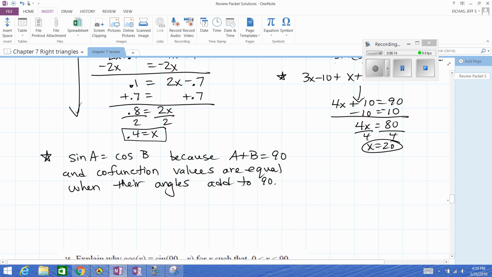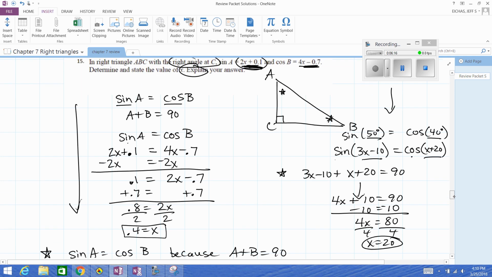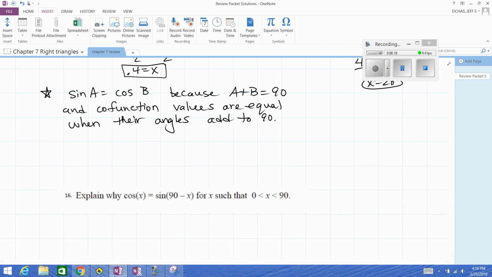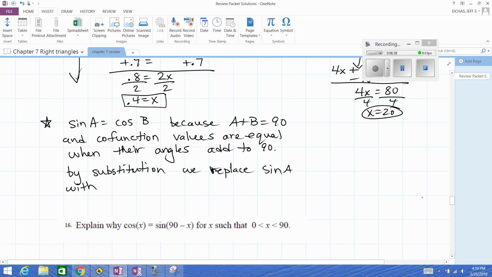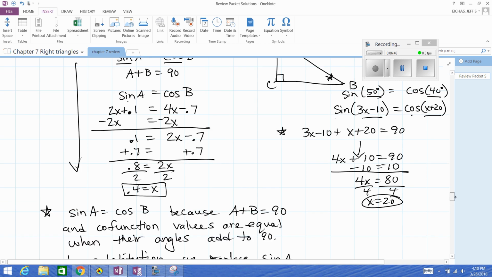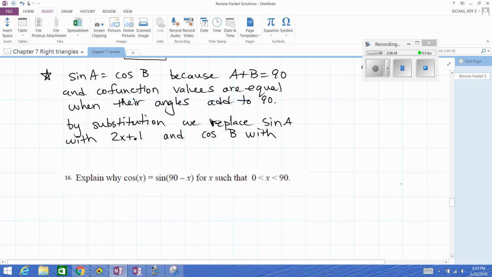Okay? And that's because of the diagram up there. All right. Next, by substitution, we replace sine A with, what was that? 2x plus 0.1, and cos B with 4x minus 0.7.